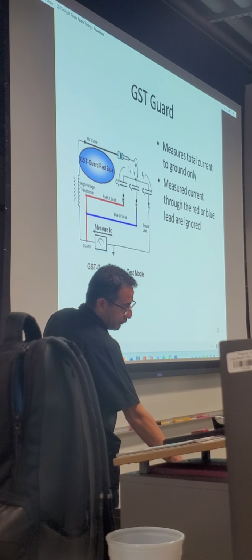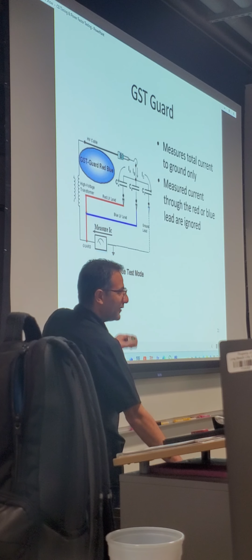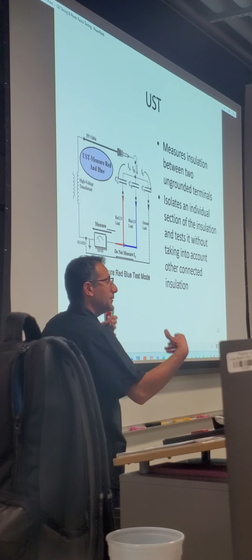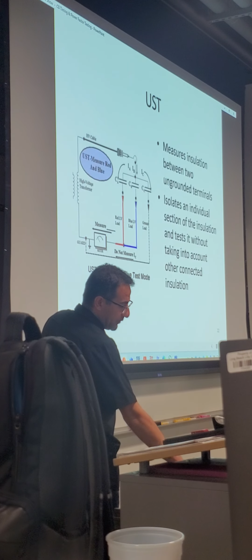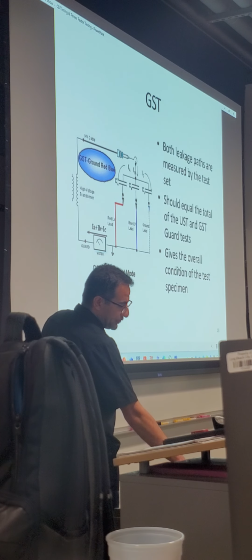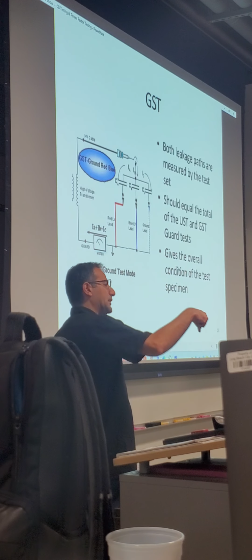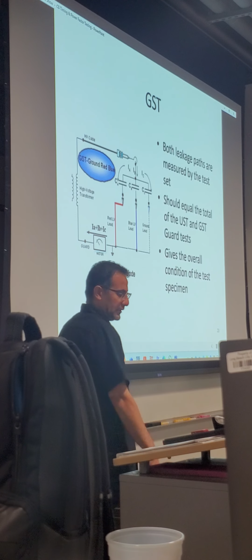It measures current through the red or blue leads are ignored. So it's kind of measuring that surface leakage current, similar concept to Megger. UST, ungrounded test mode, measures insulation between 2 ungrounded terminals. And the GST, it measures both leakage path, which is the surface leakage current, and also through the insulation.